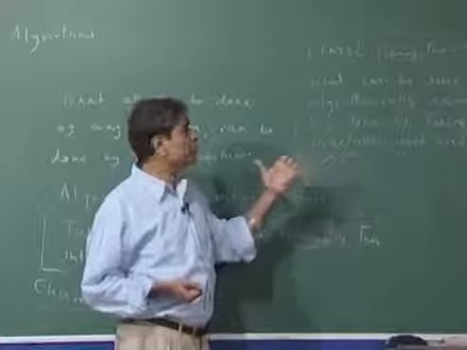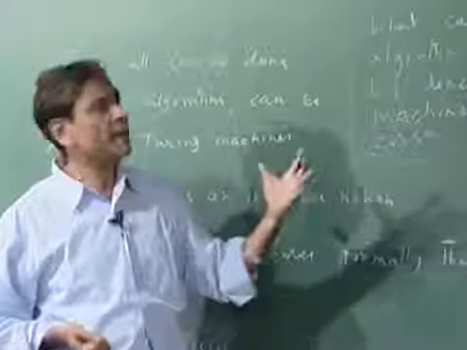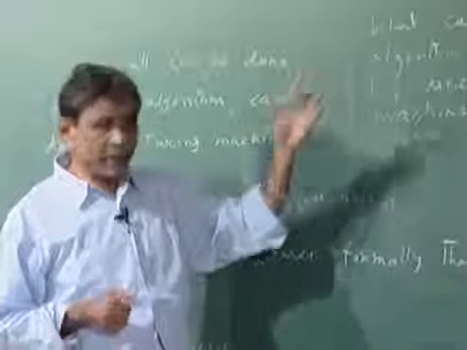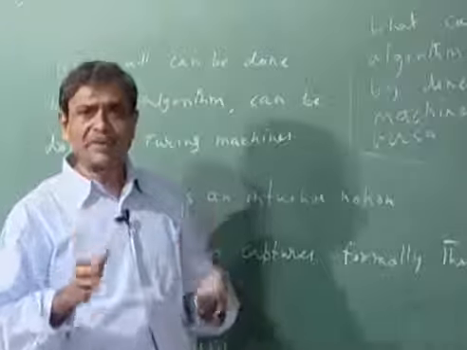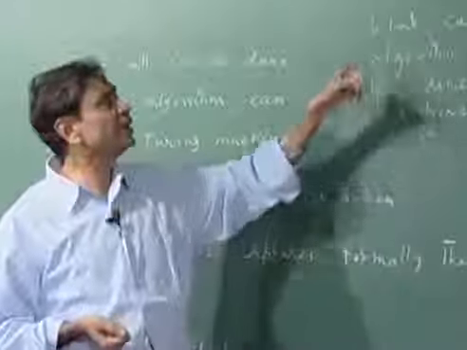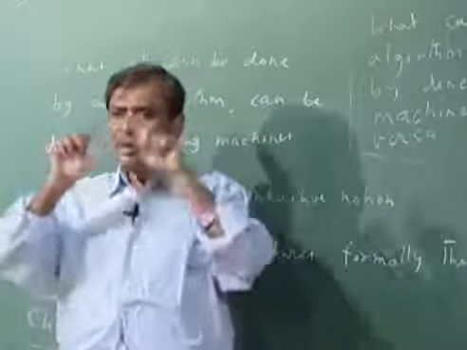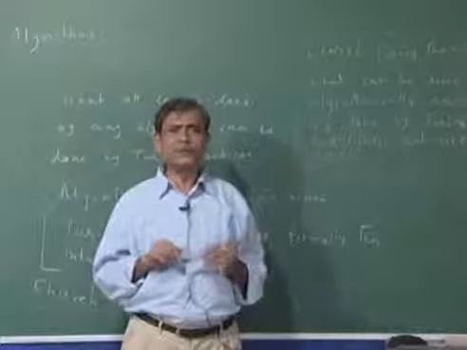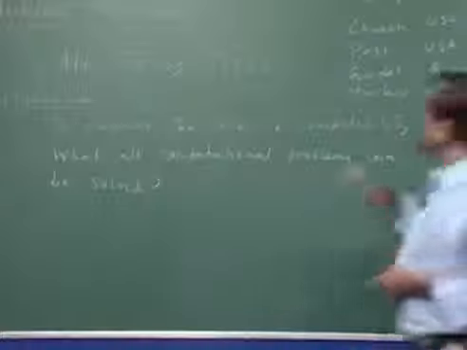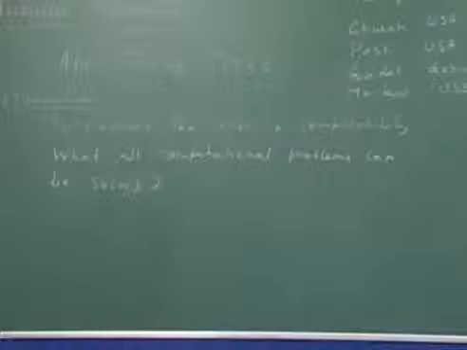But all these attempts have shown that no, indeed, whatever you can think of to be a reasonable definition of an algorithm, it can be performed by a Turing machine. So, with this little background, I would like to go into the details of what Turing machines are, and how we make use of them.